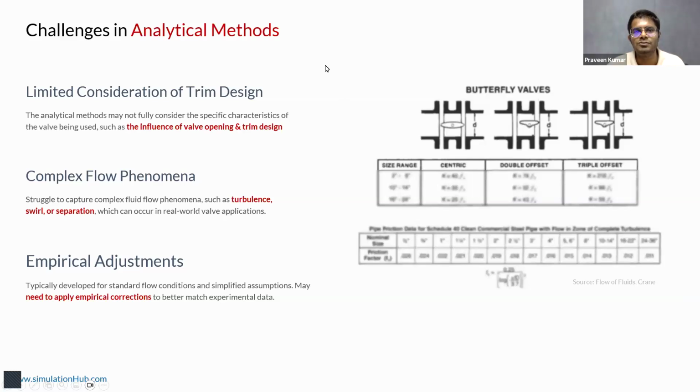We'll see them one by one. In the analytical method, as discussed, accuracy is a big challenge. Complex flow phenomena like turbulence, swirl, and separation specific to your design may not be accounted for in the empirical formulas. That needs to be adjusted, so there is a compromise in that case.